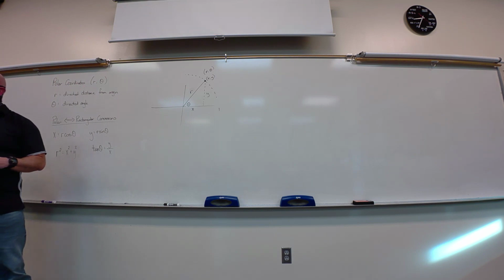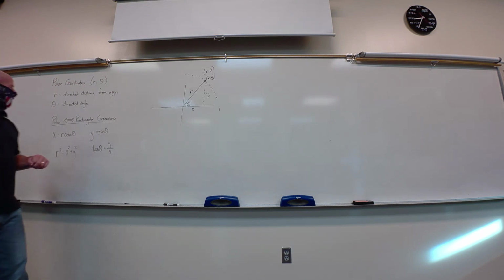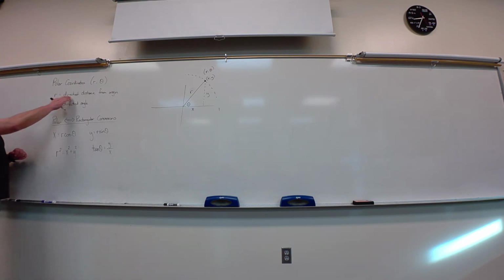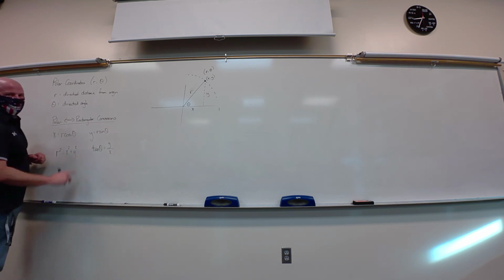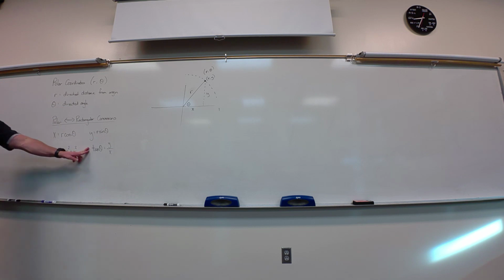Everybody okay there? All right, we'll come back to this directed idea in a second. These conversions, well, that one should look pretty basic. Tangent is opposite over adjacent, or if you're working inside something like that, y over x would be opposite over adjacent. Everybody agree with that?